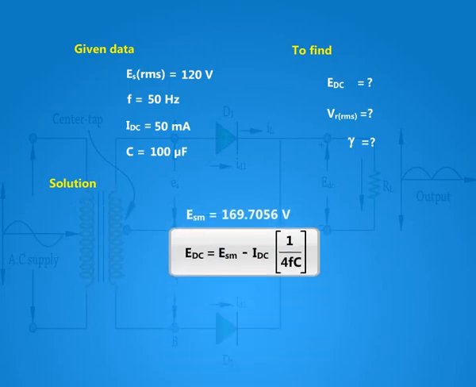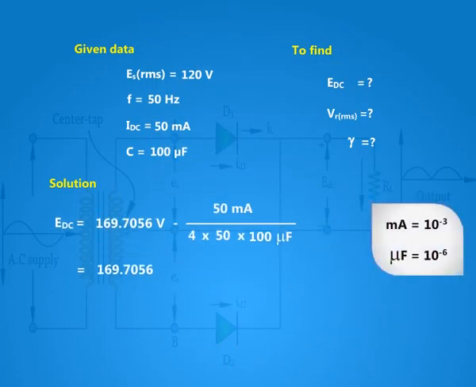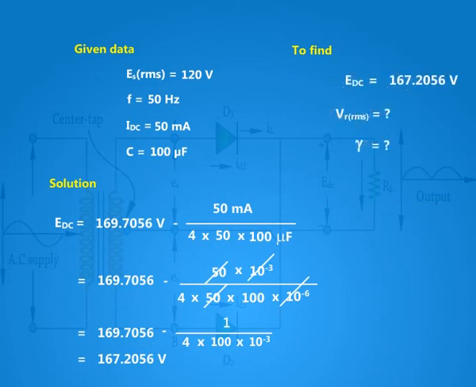Substitute the values of ESM, IDC, F and C in the above equation. After simplification, we get the final value of EDC as 167.2056 volts. Therefore, the DC output voltage EDC is equal to 167.2056 volts.